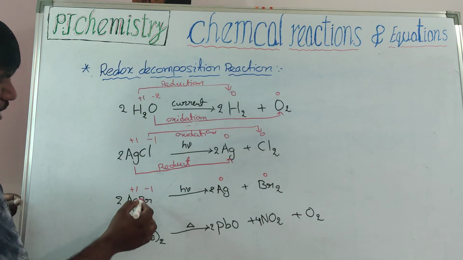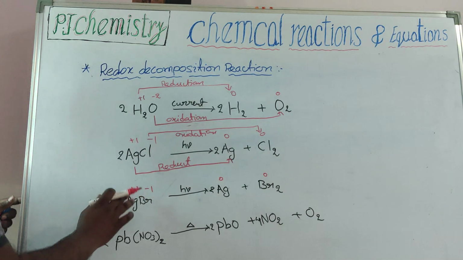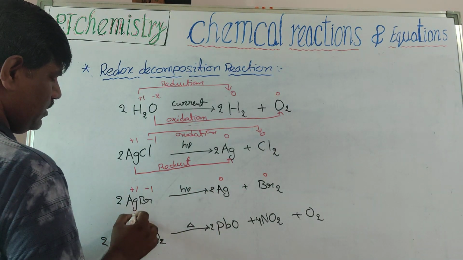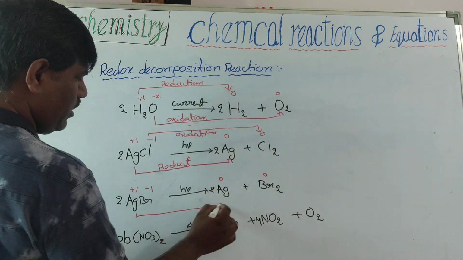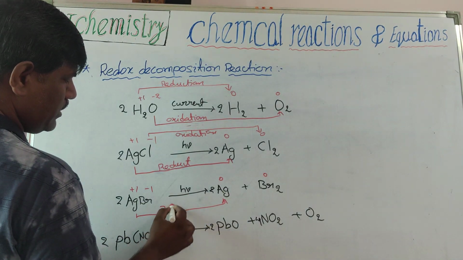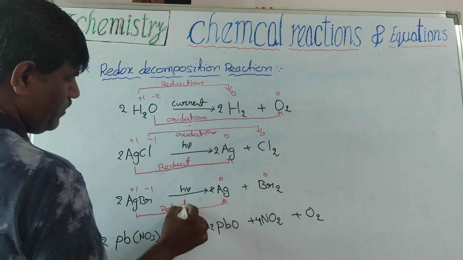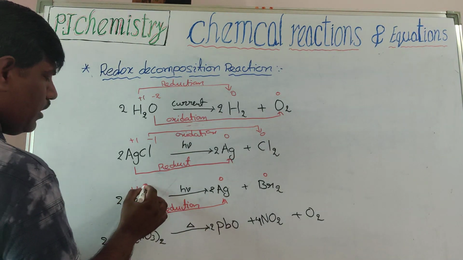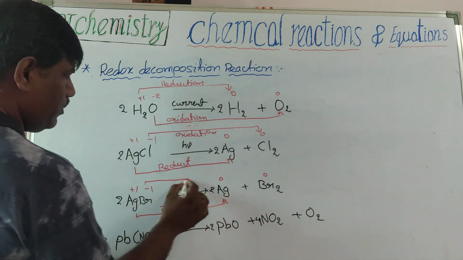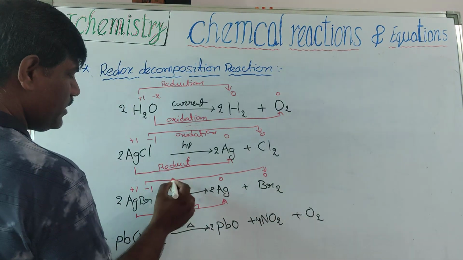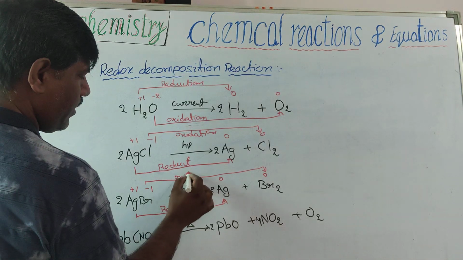Now check the decrease. Silver +1 to 0 decreased means reduction. Bromine -1 to 0 increased. Increase means oxidation.